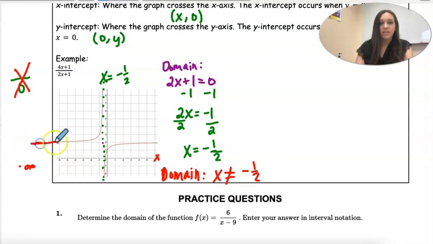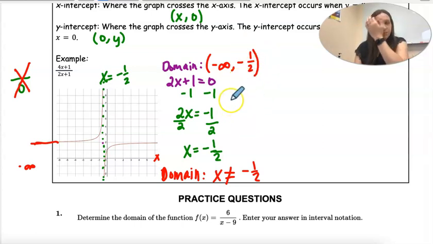And the graph continues, and it gets really, really close to x equals negative 1/2, but it never reaches it. It can't divide by 0. So our domain goes from negative infinity, and then we're going to write it goes to negative 1/2, but we're not going to include it. That's why we do parentheses.